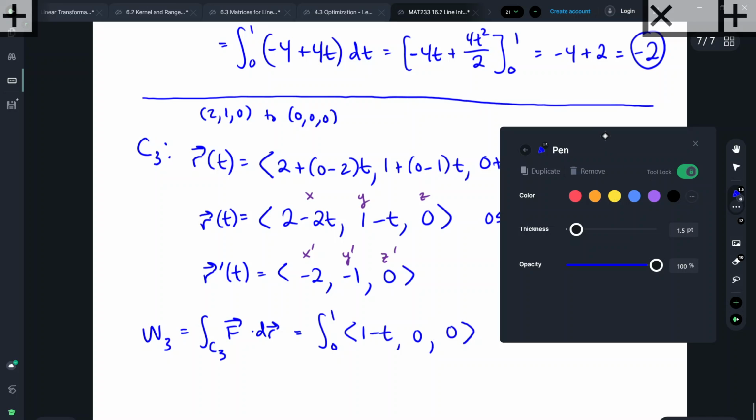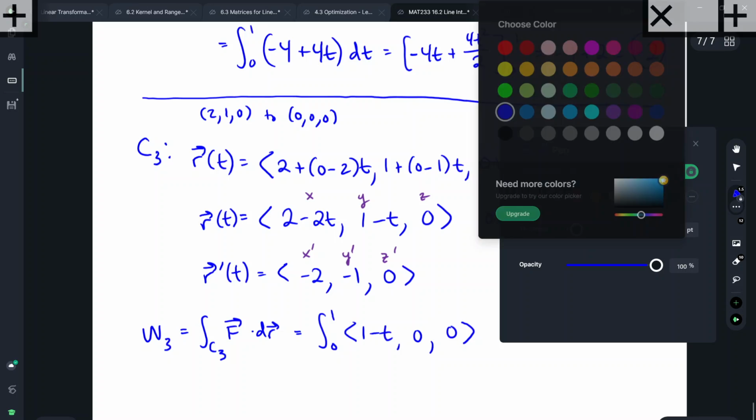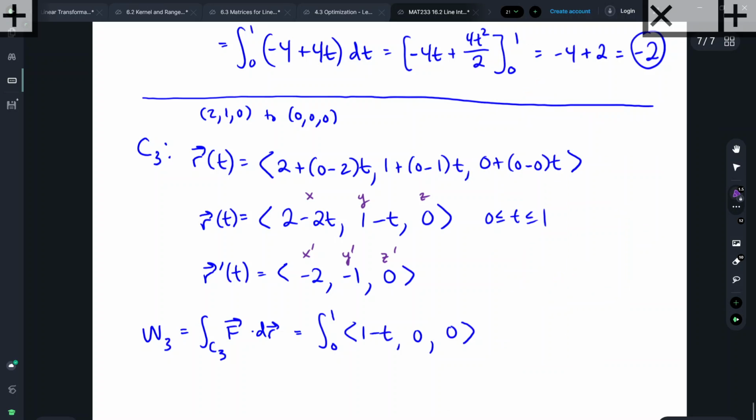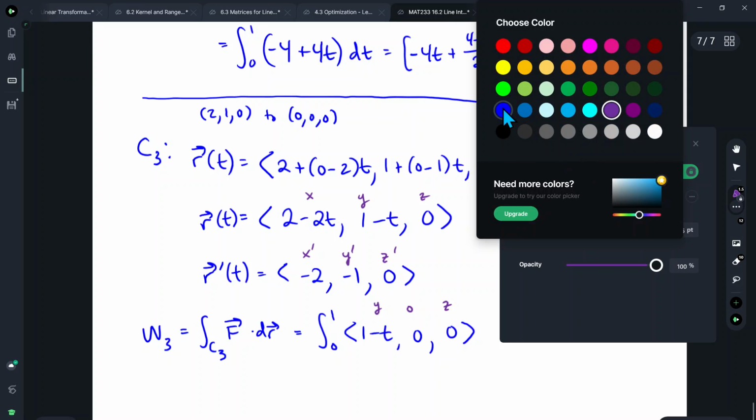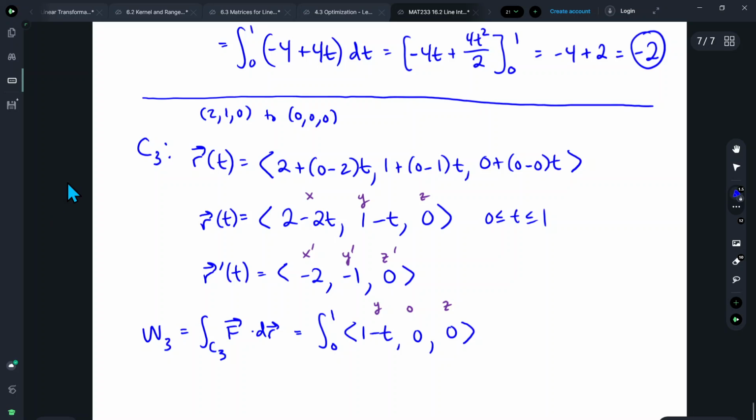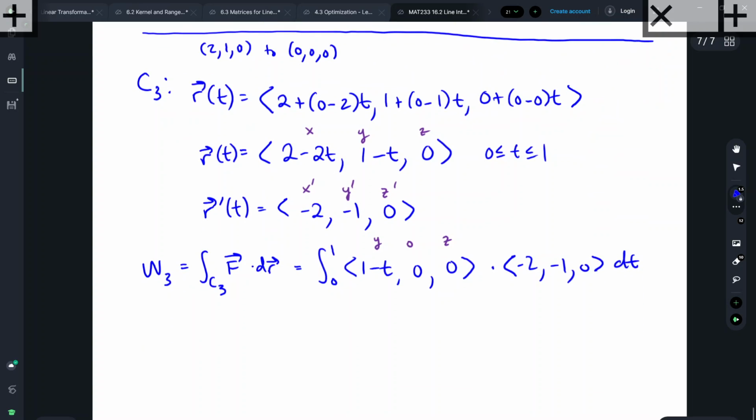Okay, so then let me just annotate so it's clear what's going on here, right? So this is y, 0, z. Okay, dot r prime is negative 2, comma, negative 1, comma, 0. Okay, so now we're ready to calculate.